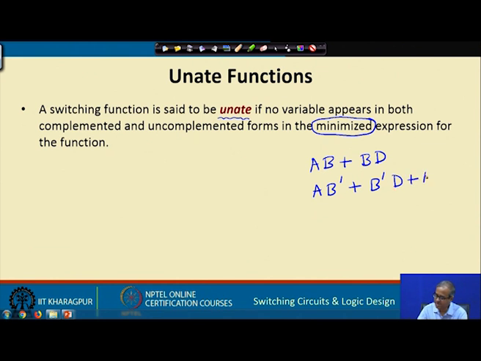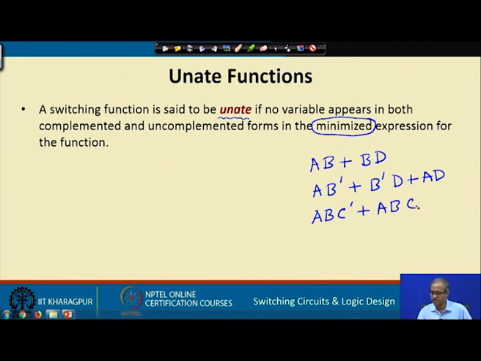Let us take another term, let us say AD. So, A appears in uncomplemented form, B appears only in complemented form, D appears only in uncomplemented form. This is also unate. Now, you consider a function like a b c bar or a b c.